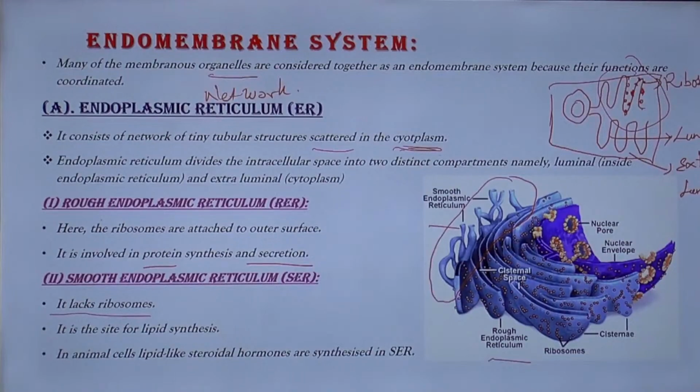Next point, it is the site for lipid synthesis, whereas rough endoplasmic reticulum synthesizes protein and its secretions. It synthesizes some lipids, and in animal cells, lipids like steroidal hormones are synthesized in the smooth endoplasmic reticulum. What are the steroidal hormones?